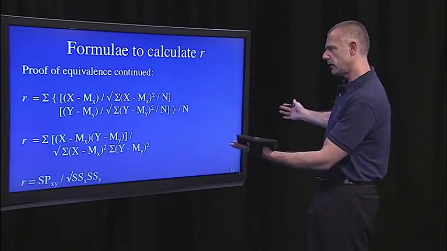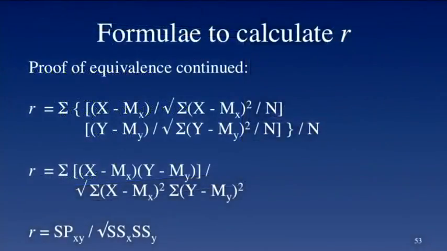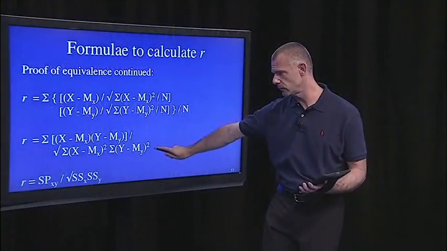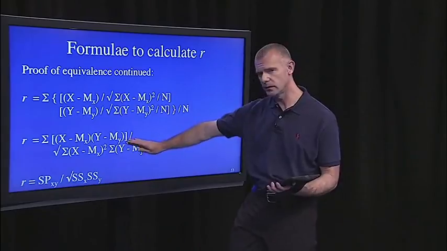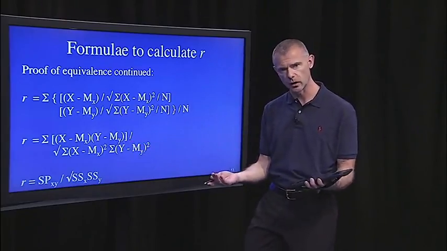Now what I'm doing is writing the entire formula for r. Going from this top equation to the second equation is just going in the reverse direction, and simplifying this algebraically is equivalent to the second equation, which is exactly the raw score formula. See, look what's in the numerator, sum of cross products.